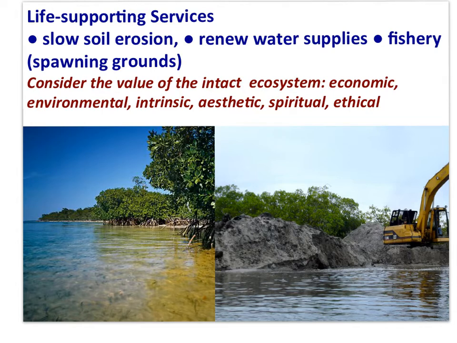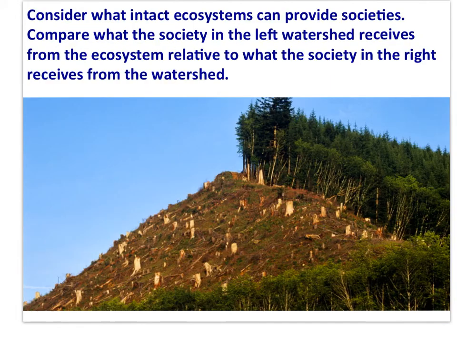But as the human population grows, increased stress is placed on all of the Earth's systems, and we lose life-supporting ecosystem services when we place stress on the mangrove forest, as can be seen here in the image on the right. Consider what intact ecosystems can provide societies.